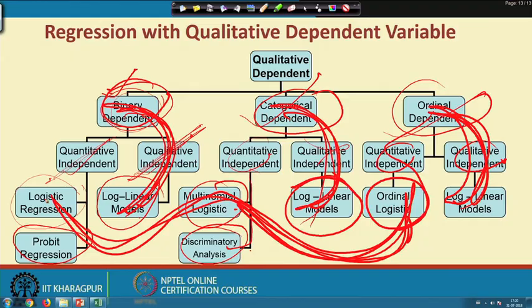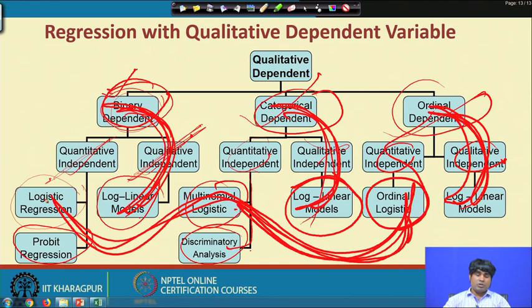So, the best approach is that you have to check everything, meaning the data structure and the types of models required, and then finally use them, and go for data transformation if necessary to process this model. Because if you choose, let us say, a probit regression model or logistic regression model, it is actually a nonlinear format.